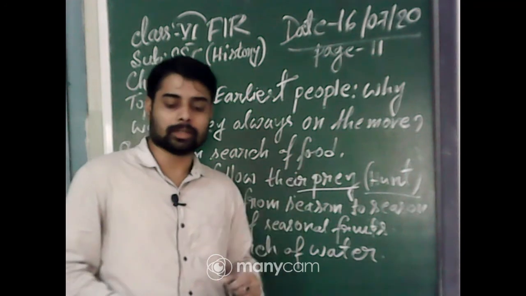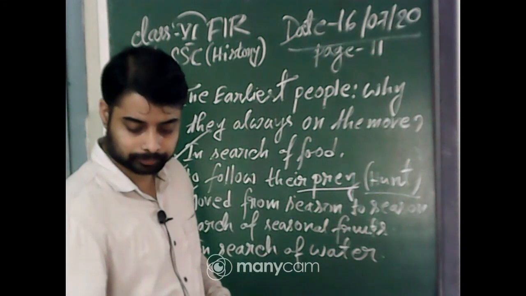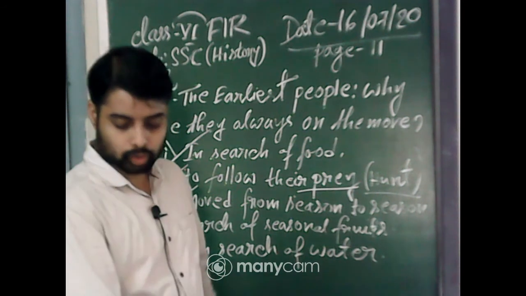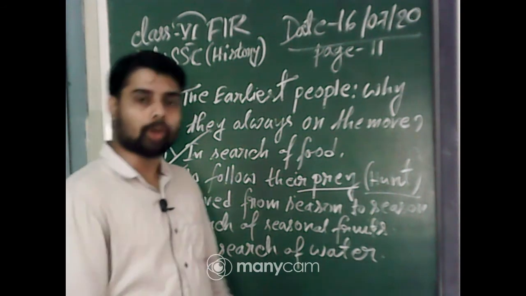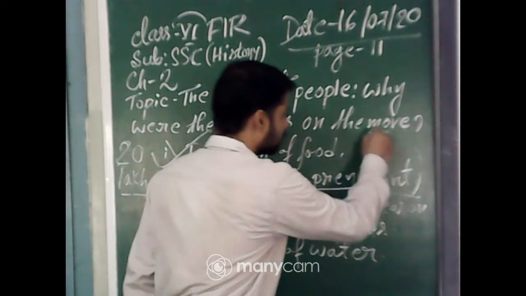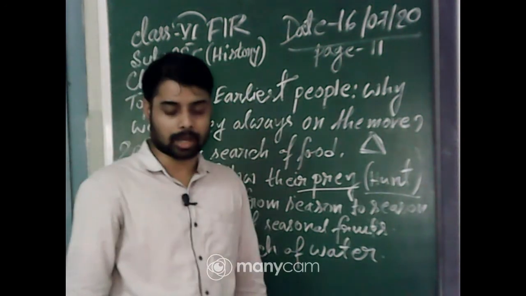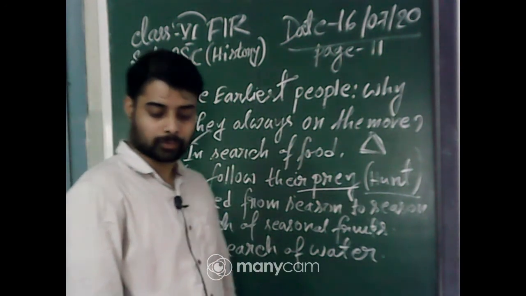So, you have seen in the map, which is on page number 13. Look at the map carefully: all the Paleolithic sites are mentioned in a triangular shape, like Bhimbetka and Hungsi.